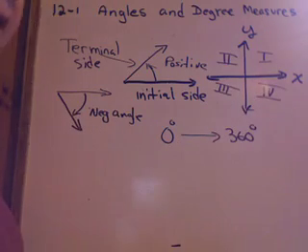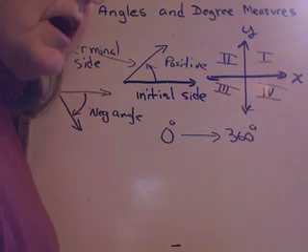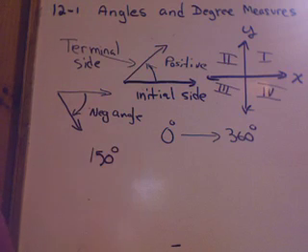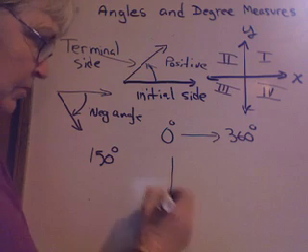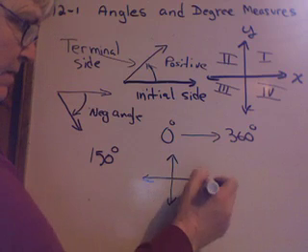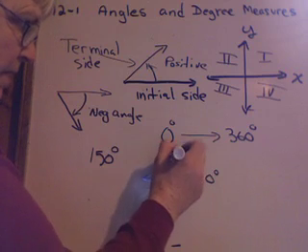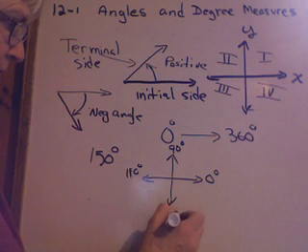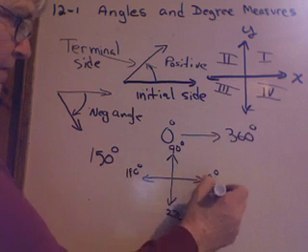For example, I might ask the question about 150 degrees and ask you, what quadrant is that in? So one thing that's going to be helpful is when you have this axis, this is 0 degrees, this is 90, this is 180, this is 270, and then I'm back at 360.